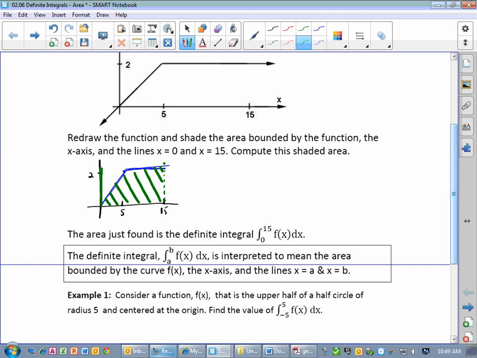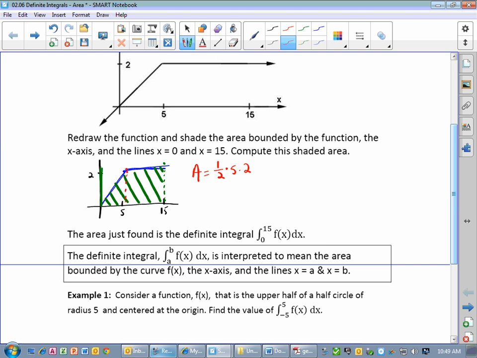Now notice that this area is made up of 2 shapes. We've got a triangle, and we've got a rectangle. Okay. So the area formula for a triangle, recall, is 1/2 base times height. So the base of this triangle is 5, and the height of this triangle is 2.